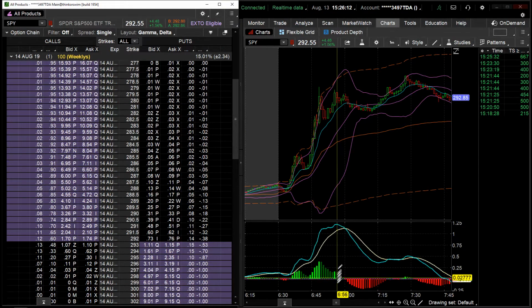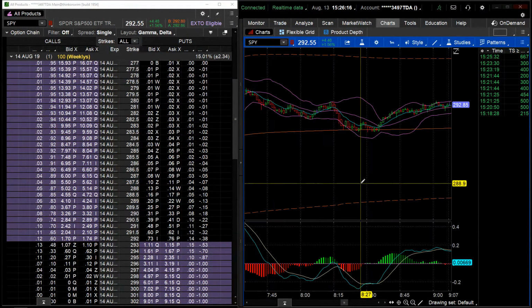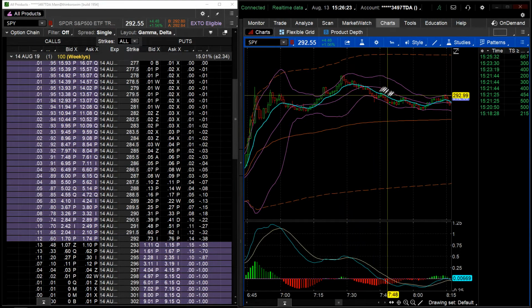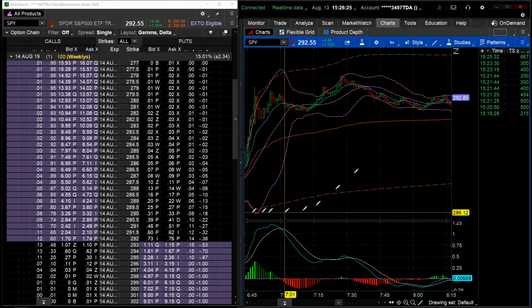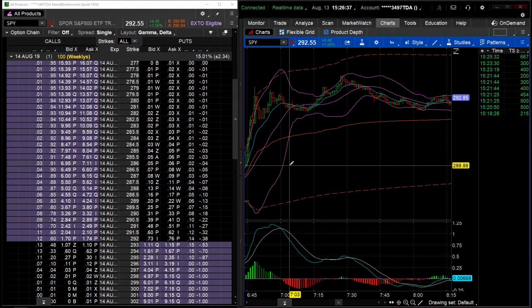The puts uptick as the stock is going down. I think I said the reverse of that. So yes, the bid or the puts go up as the stock is going down. As the stock is going down, we can see that the ask upticks: 20, 21, 22, 23. I'm going to show you an example in a few minutes for clarification.